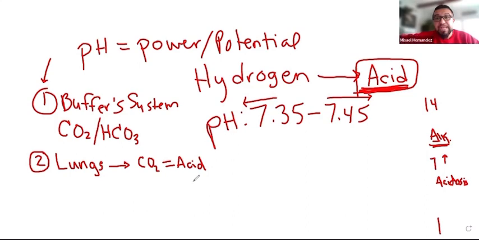And if we lose acid, our body now has more base, and that can lead to alkalosis. If we increase our respiratory effort, our body gets rid of CO2, which is acid. We're losing the acid, so what's left is the base, alkaline, and that will increase the pH.